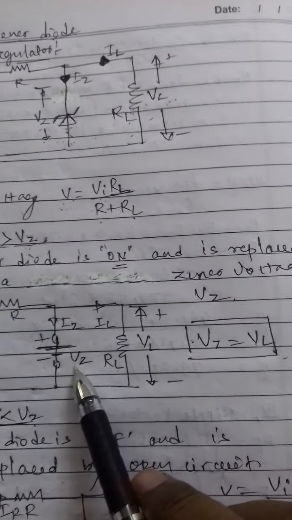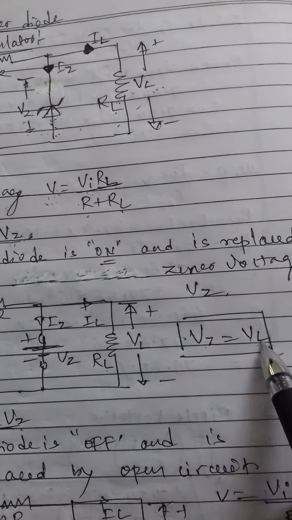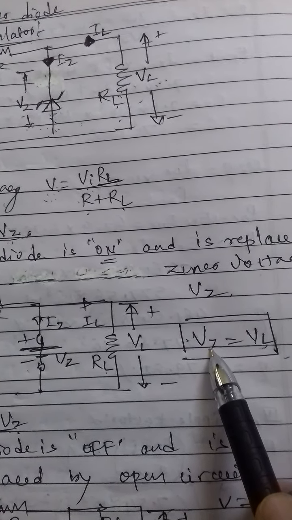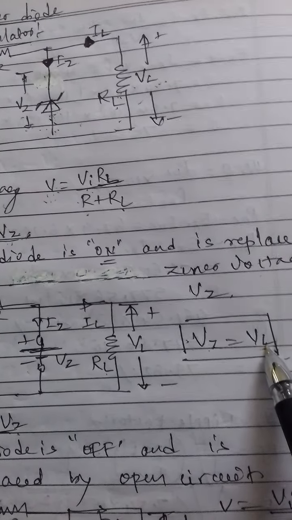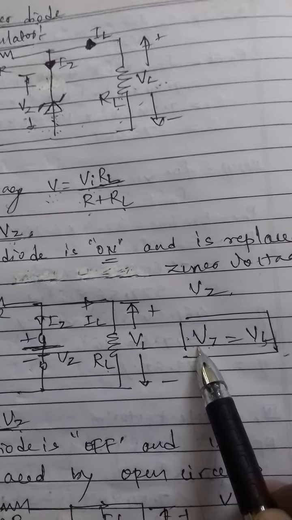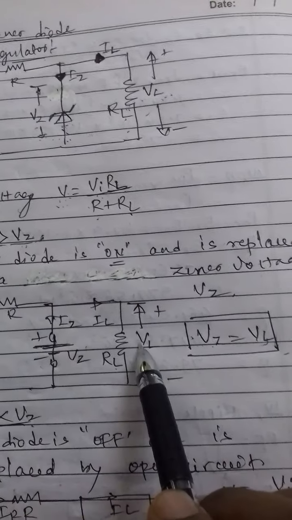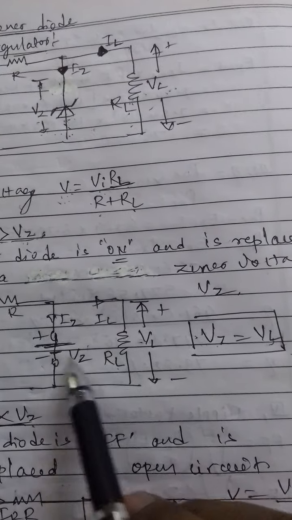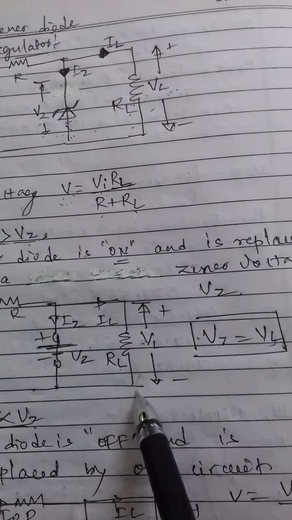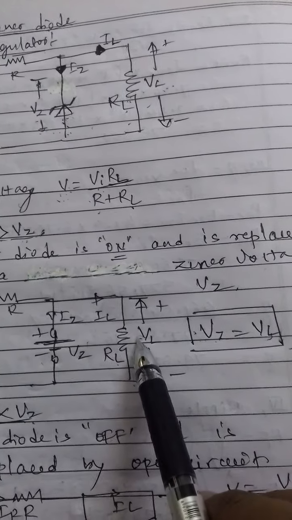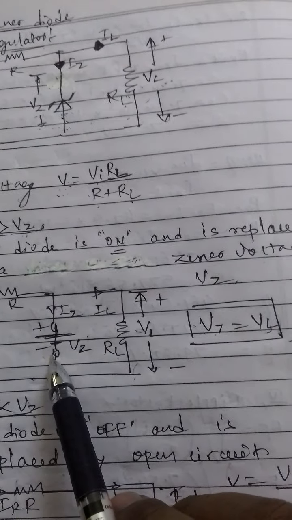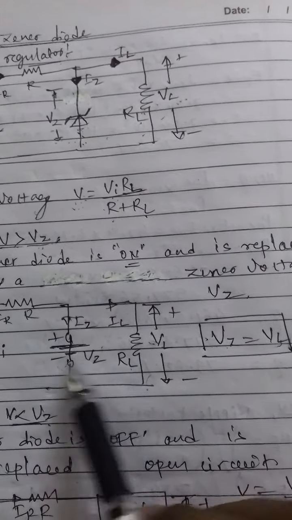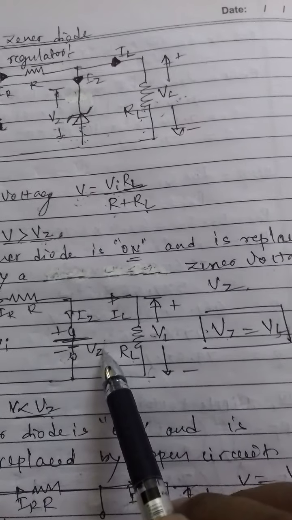From then onwards, the load voltage is equal to the Zener voltage Vz, because there is only one voltage source present at this point and a load resistance RL. That is the condition when the Zener diode is on.